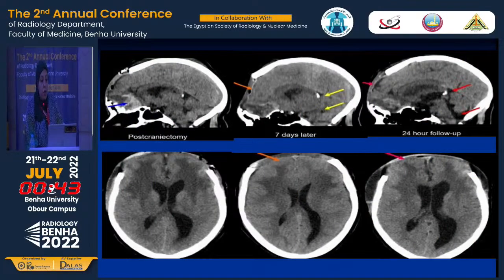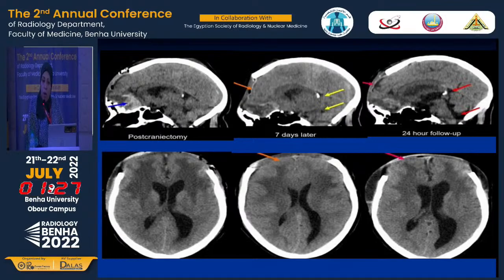CTA was done here, sagittal with corresponding axial image for the immediate post-craniectomy time, and it reveals the presence of a post-operative hematoma, wide craniectomy and pneumocephalus. 7 days later, in the evaluation, look here for the inward sinking of the flap, distortion of the brainstem and obliteration of the CSF spaces or the subarachnoid spaces.